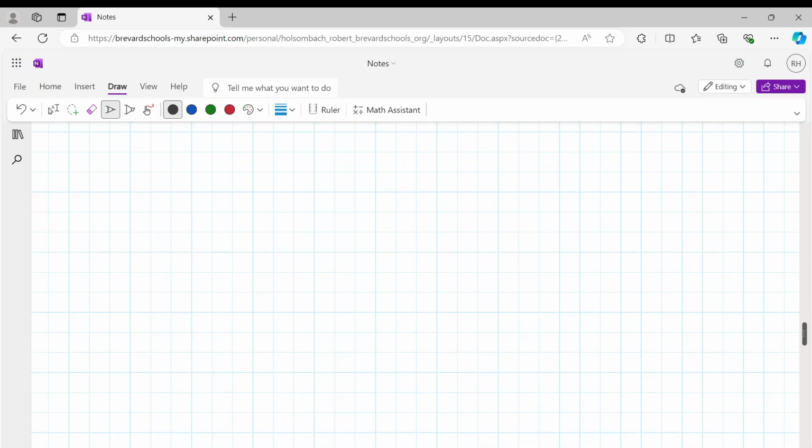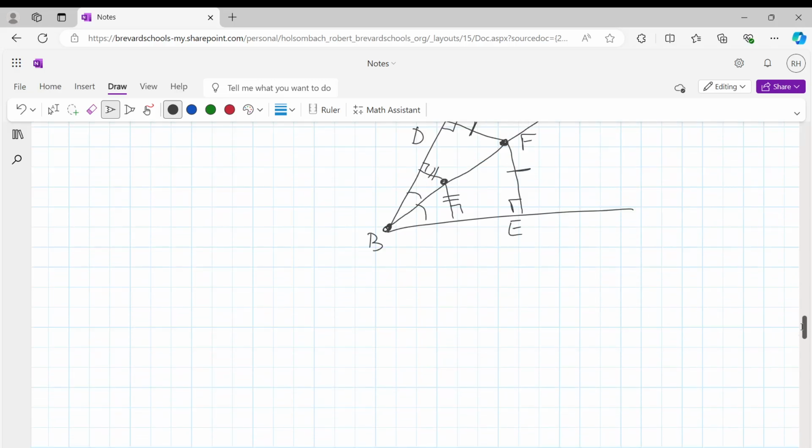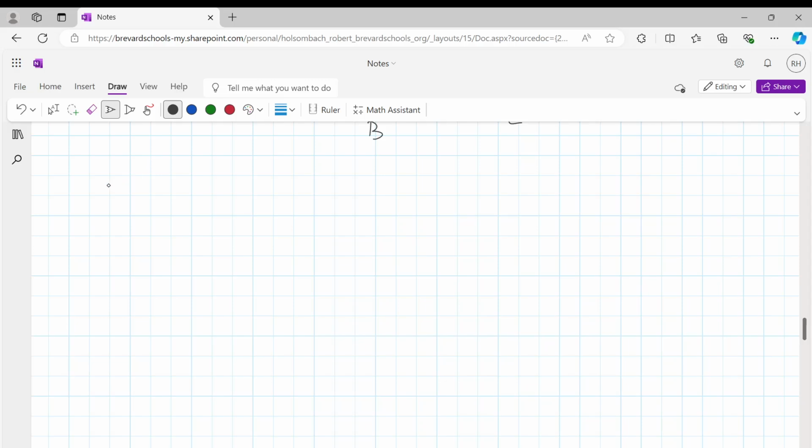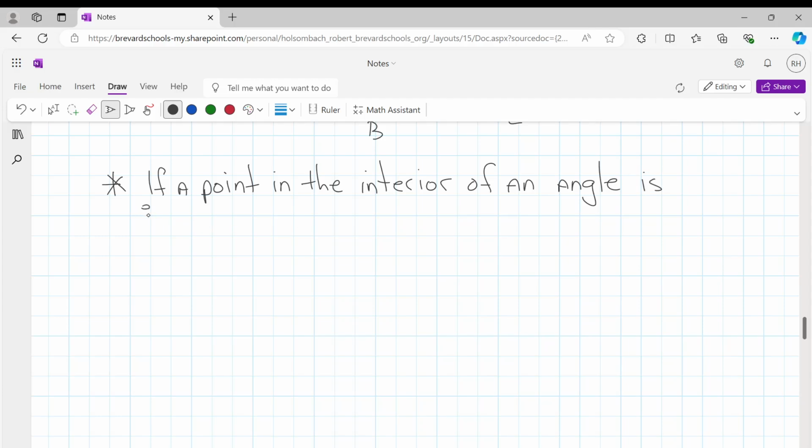The converse of that theorem states that if a point in the interior of an angle is equidistant from the sides, then it is on the angle bisector.